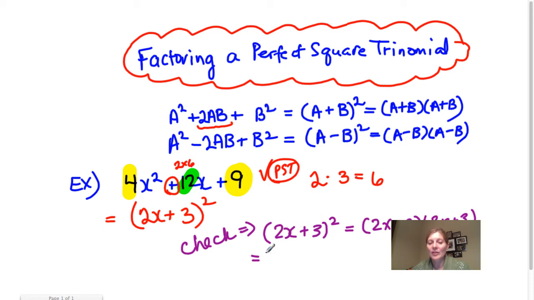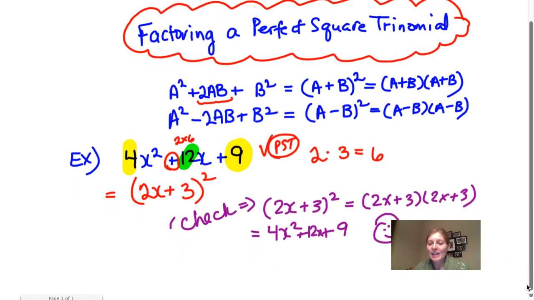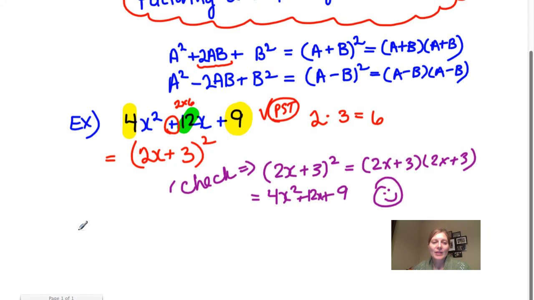So I square the first, which is 4x squared, square the last, which is 9, and I'm going to double the product. So 3 times 2 is 6 times 2 is 12x, and it matches my original question. So that makes me happy. So again, the hardest part is recognizing whether it's a perfect square trinomial. The easiest part is doing the factoring.